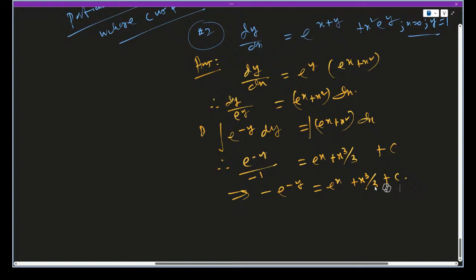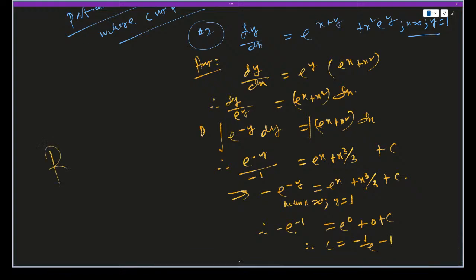Y is 1 when x equal to 0. Therefore, this is minus 1 by a and this is 1. This is the value of C. So required solution is what?